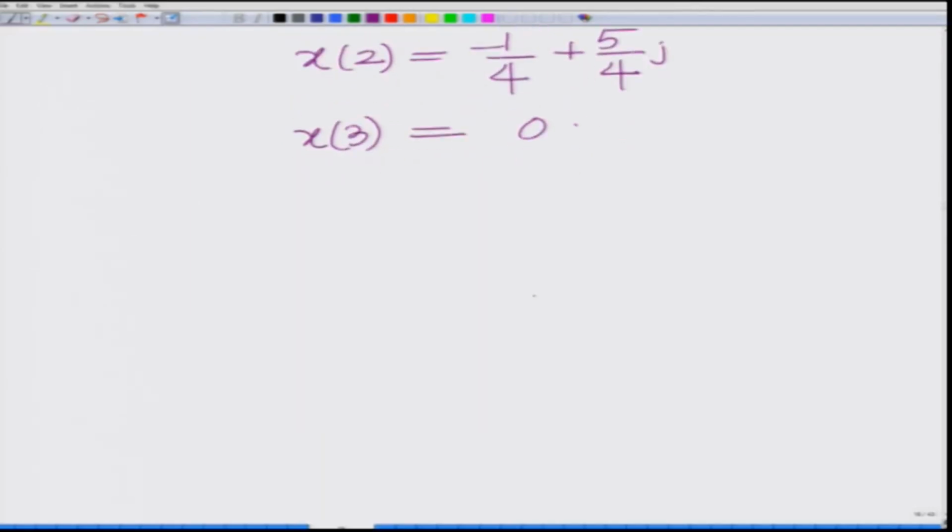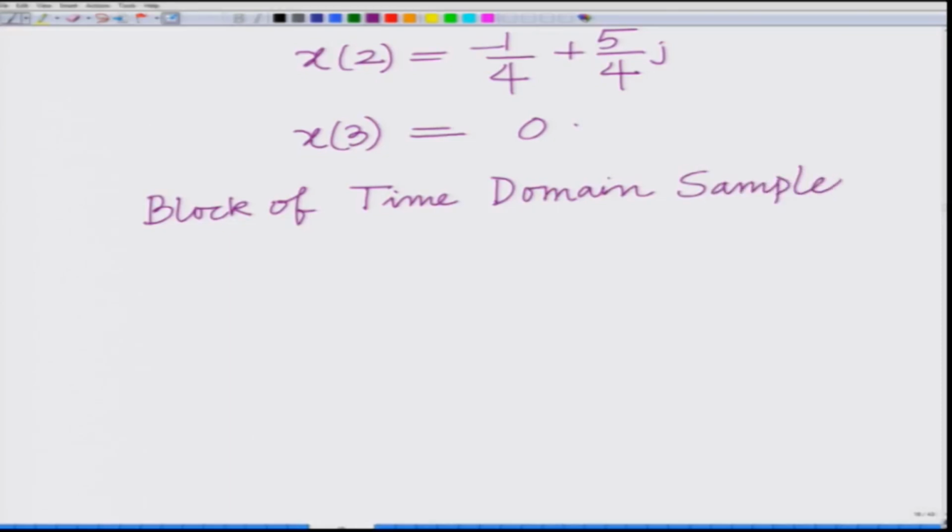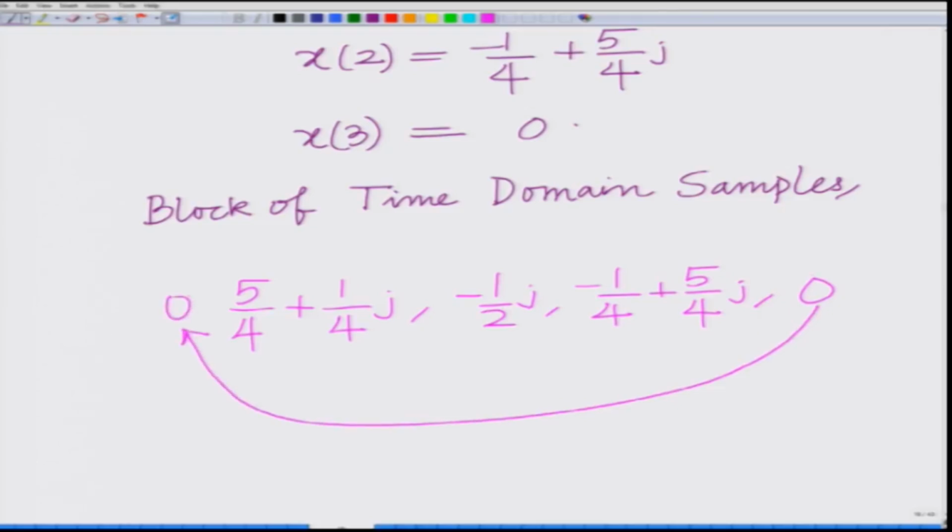So, the block of time domain samples therefore is given as 5 by 4 plus 1 by 4 j, minus half j, minus 1 by 4 plus 5 by 4 j, 0, and now you take this 0, place it over here.